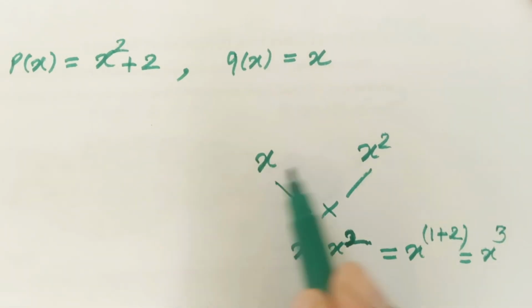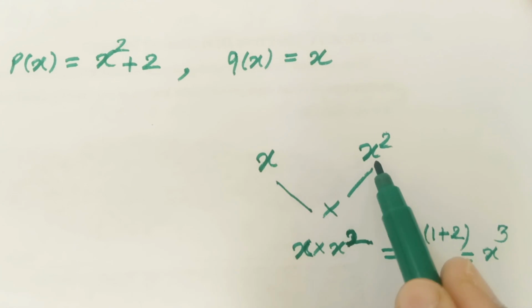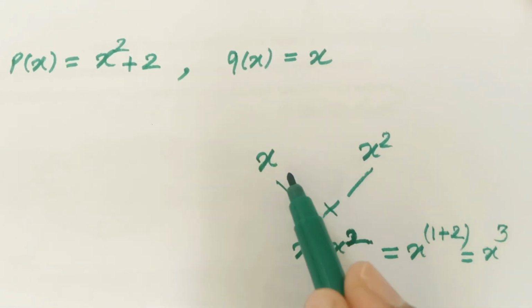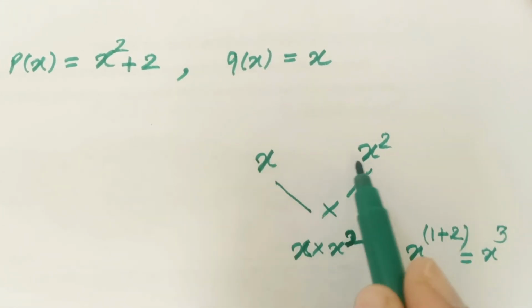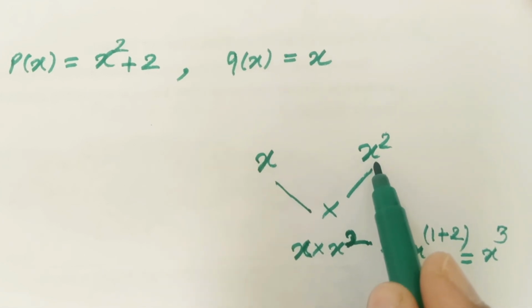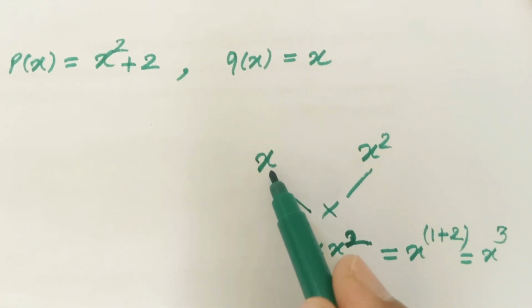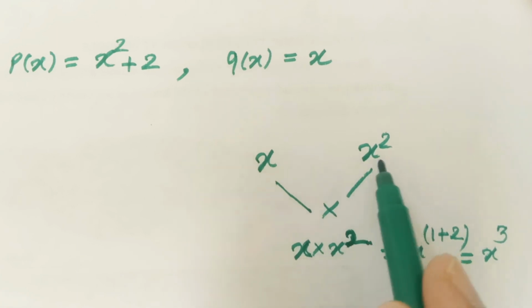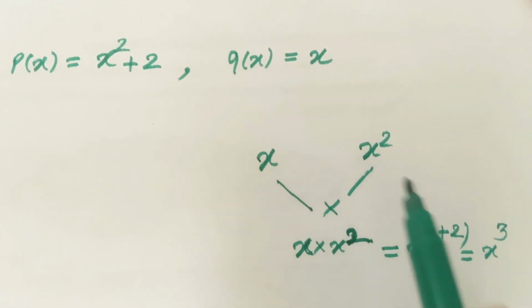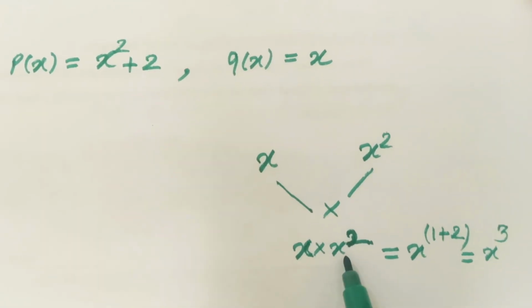If we multiply any terms with variables, and the variables are the same, here x and x, then the powers of x are added, that is x raised to the power 3.